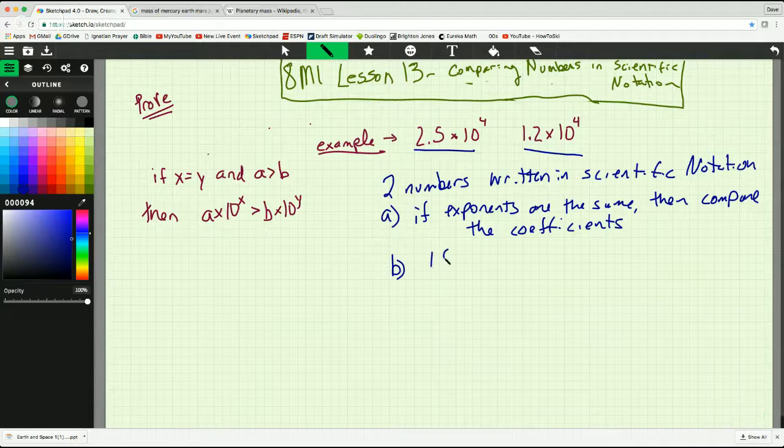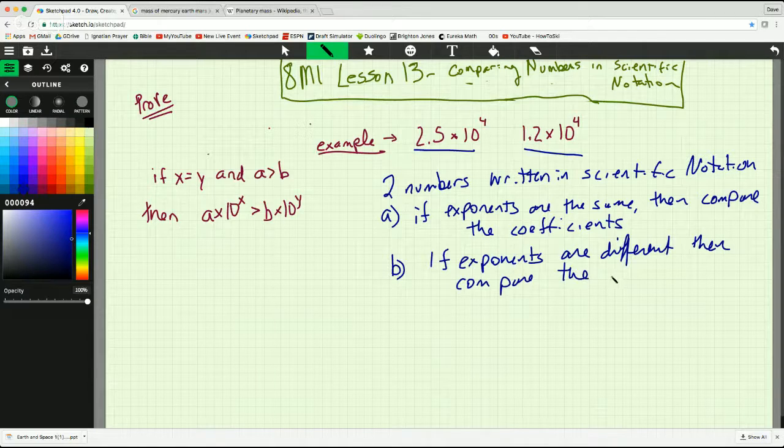B, if the exponents are different, then compare the exponents to see which is bigger.